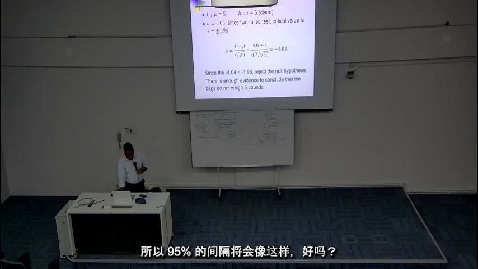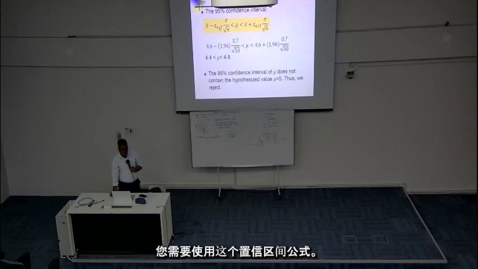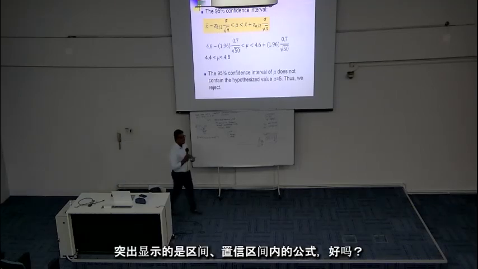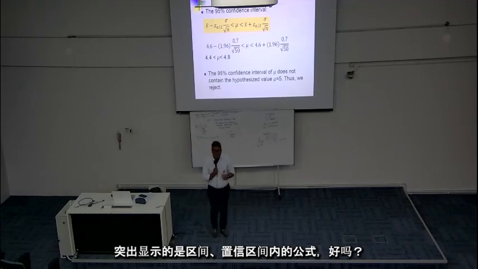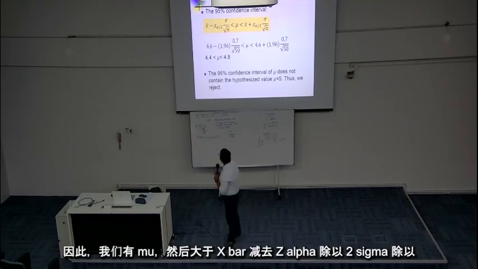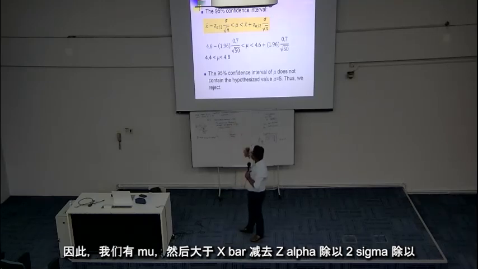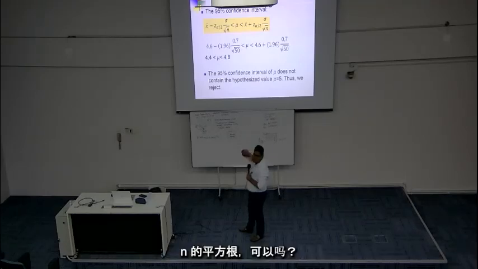So the 95% interval will be like this. You need to use this formula of the confidence interval. The highlighted one is the formula. So we have mu greater than x bar minus z alpha over 2 sigma divided by square root of n.